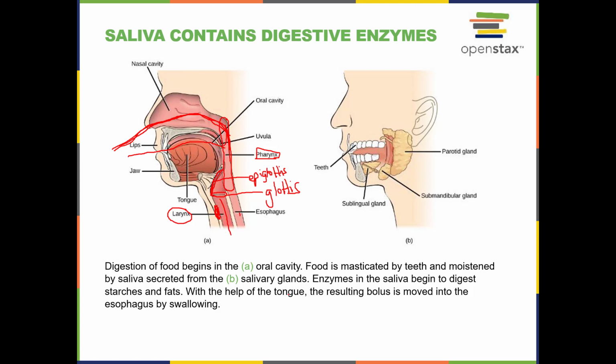All right, so like I said, in the saliva there are enzymes called amylase, and that breaks down starch and carbohydrates. A little bit of lipase, but mainly the amylase. Remember, sugar is your body's preferred source of energy. And so it kind of makes sense that your body would have enzymes ready to go right at the beginning.